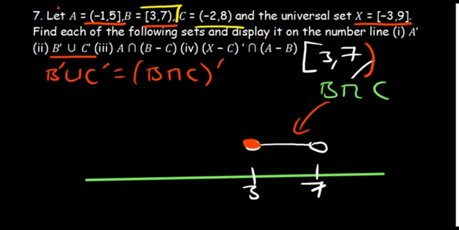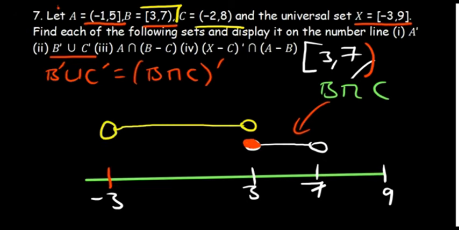So for its complement, it's going to consist of every region that is part of the universal set. So our universal is moving from -3 up to 9. So therefore it's going to move from this part to that end and from this end to that end. So the ending points match up with the universal.